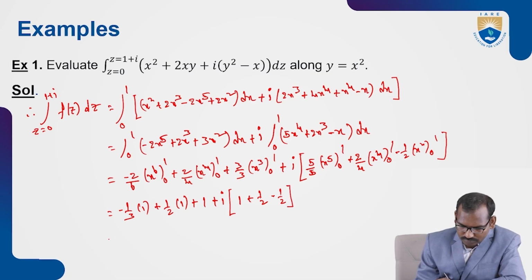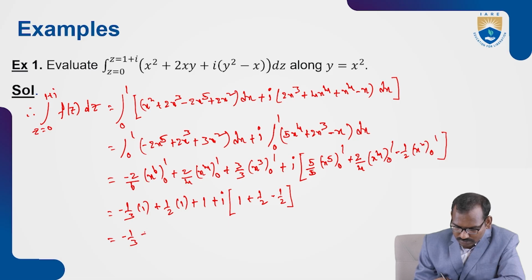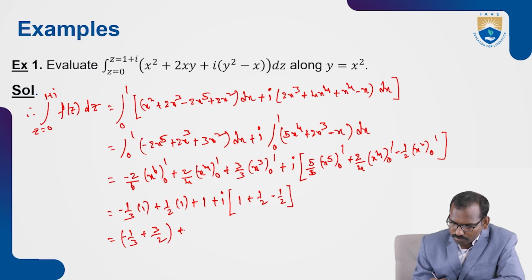So finally, what we are getting here: minus 1 by 3 plus 3 by 2. This is real part, and plus here you get only i.